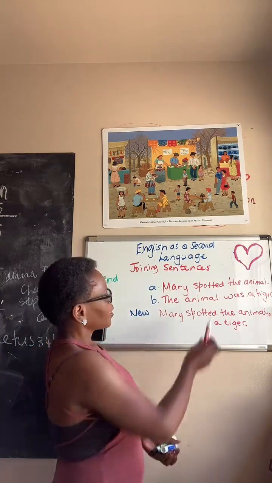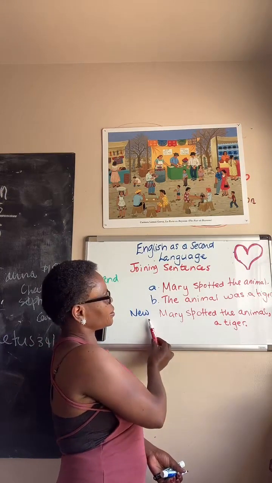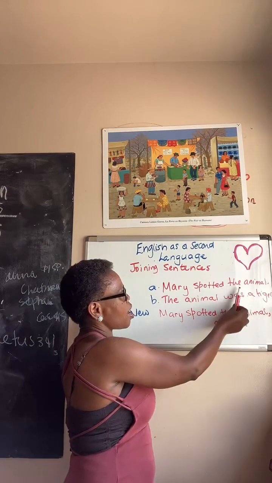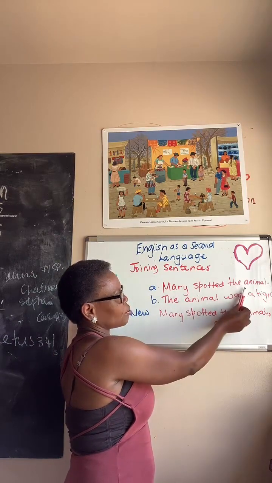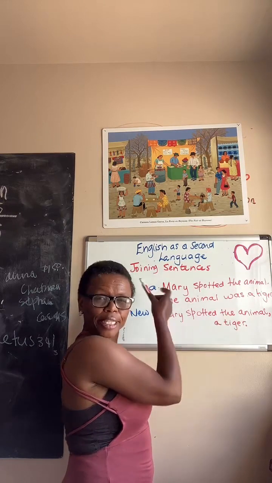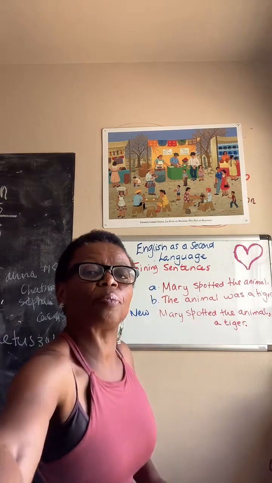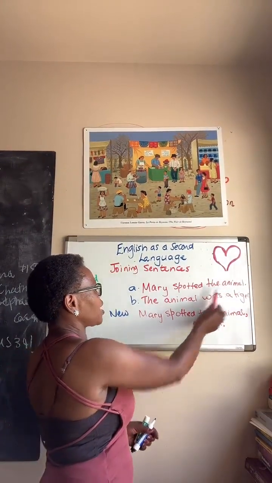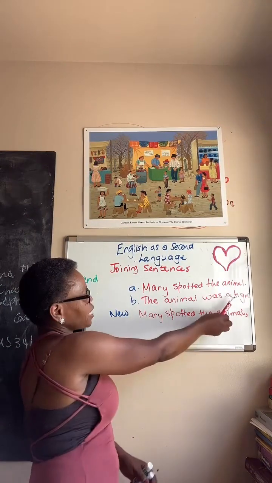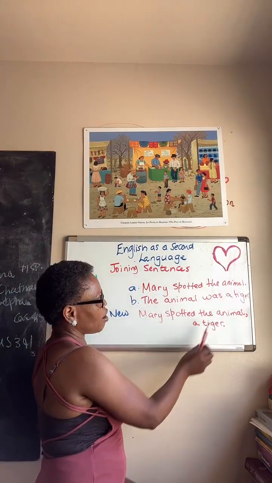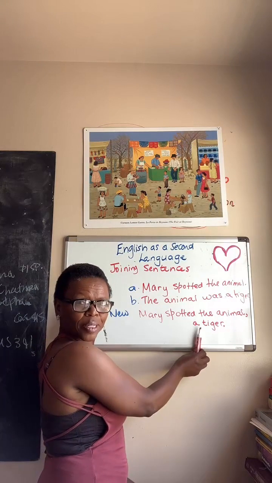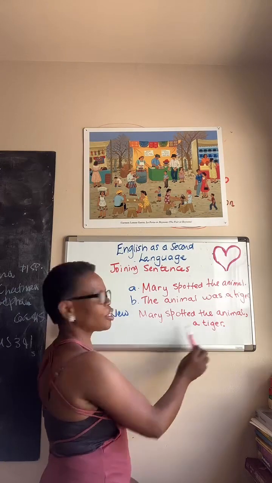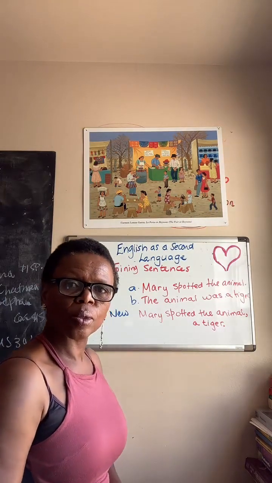All right, so in this new sentence, I didn't repeat the object. You see how here we have the subject and the object? Much like we did in the previous sentence when we didn't repeat the subject, here we are dealing with the object. And the object is the same. The animal was a tiger. I don't repeat this, only I am more specific about the kind of animal, a tiger. And I use a comma to join the two.